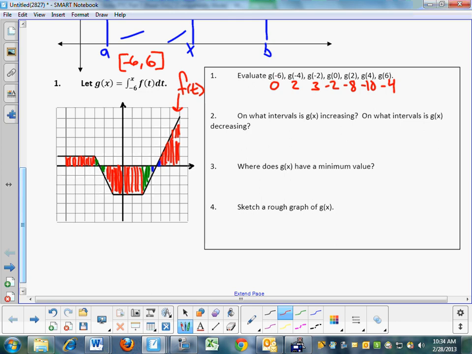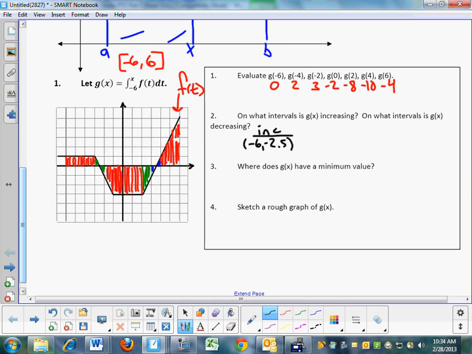So these are our table values. It says on what interval is the area increasing. Starting at 0, as I move to the right, is the area increasing right away? Yes, it is, until I get to what value? -2.5, right. So the area is increasing from -6 to -2.5. And then we noticed it go down for quite a ways, didn't it?